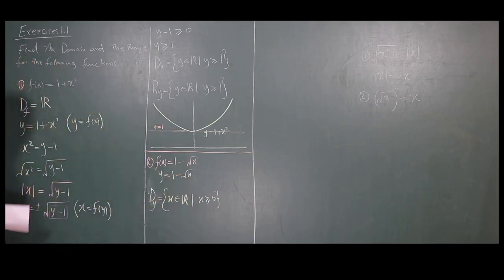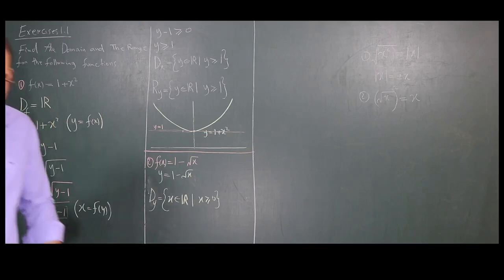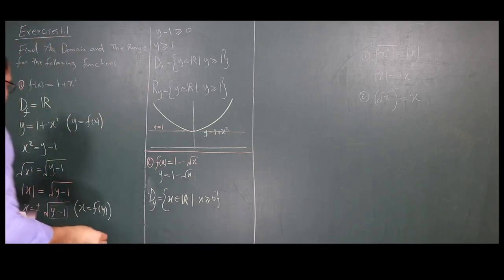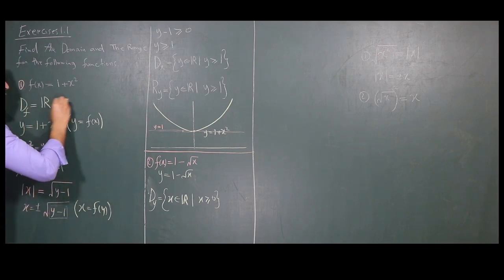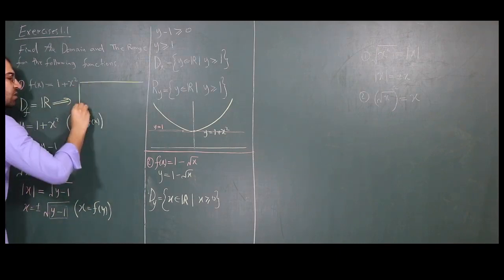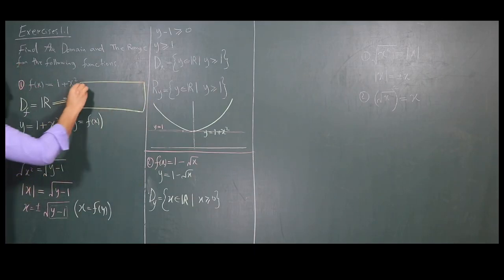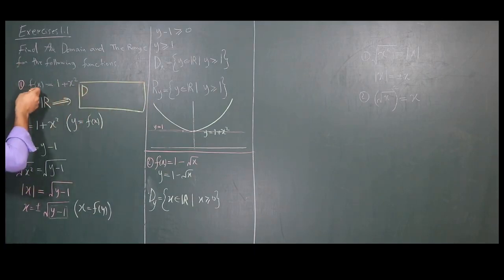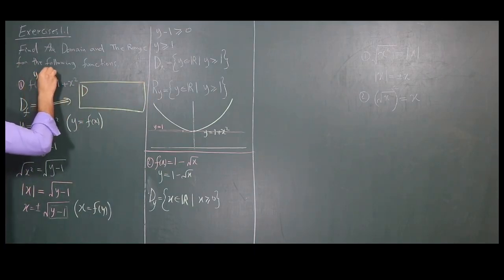I'm going back here just to clarify something. I need another color to make things distinguishable. Most calculus teachers write the domain of the function f or the domain of the function y. As I told you, this is the same thing.